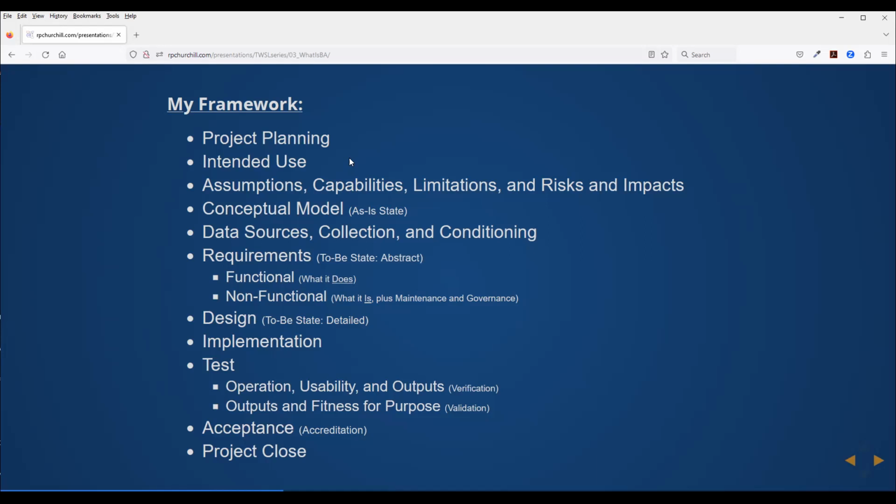Then you figure out what's going on now. That's the as-is state. For various reasons, I call that conceptual modeling. That actually takes place in many contexts, but as a place to start, let's assume we're going to start with what we have and change from there.